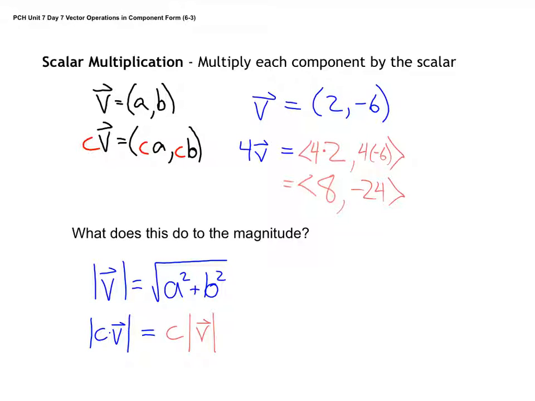For example, let's say I had a vector u that was, let's see, 2500, and actually let's make that, whoa, hang on, too much.